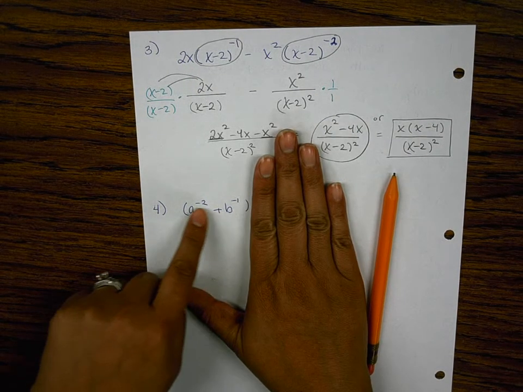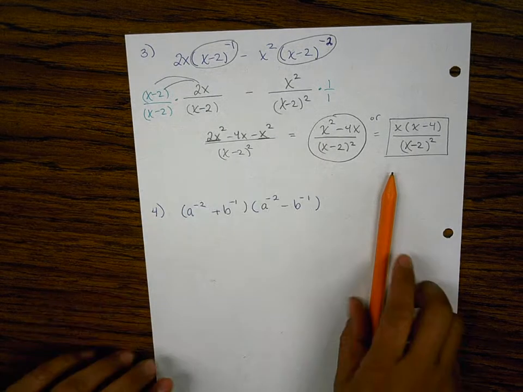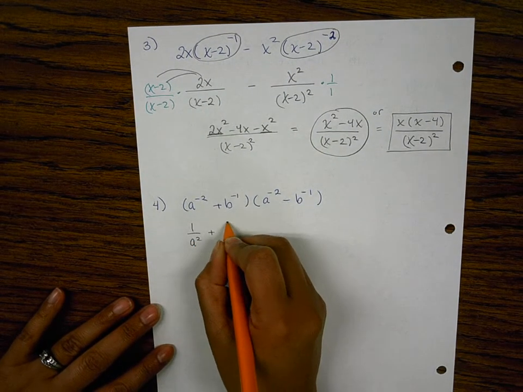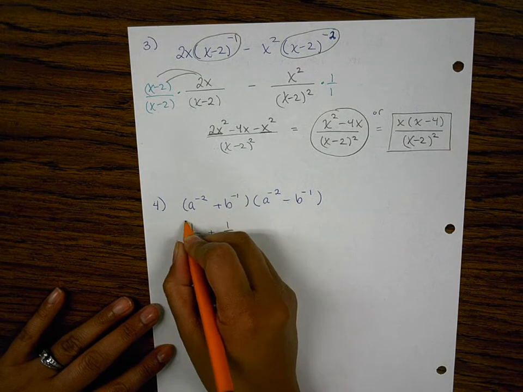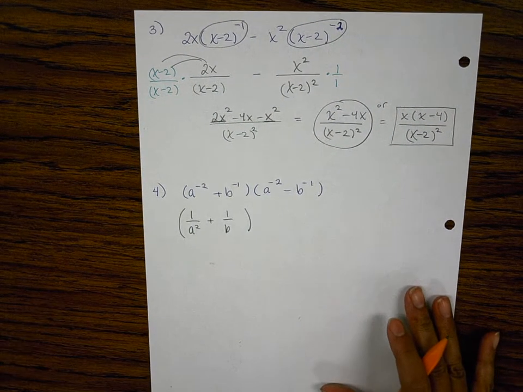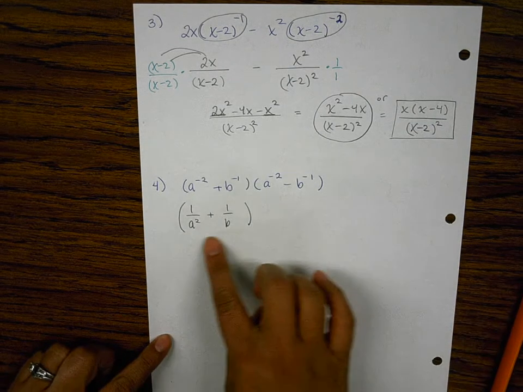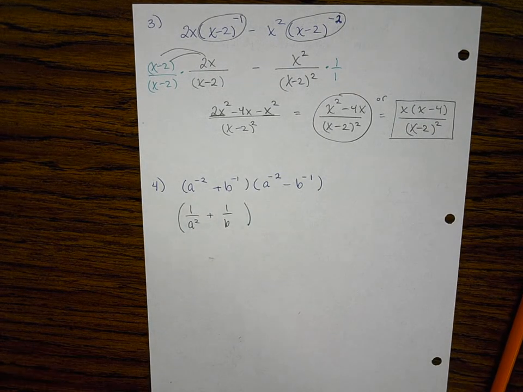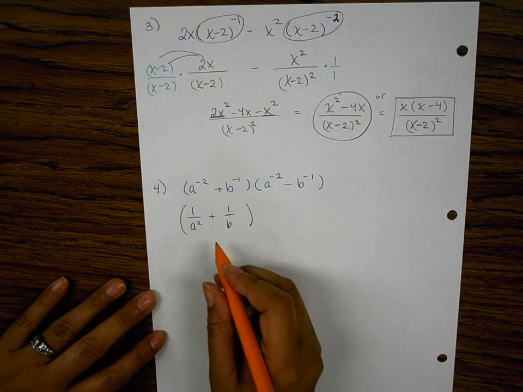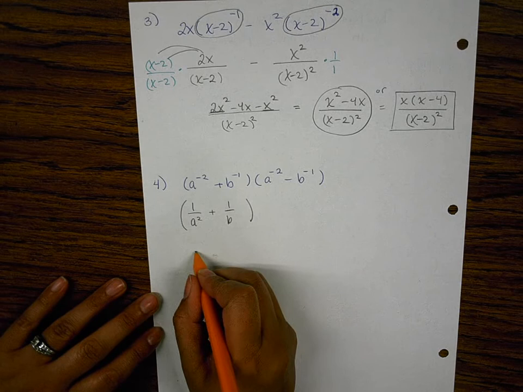Okay, so working here, one big fraction or two separate fractions? Correct, two separate fractions. 1 over a squared plus 1 over b to the first in parentheses. I'm not going to touch that part yet. In order to simplify this, I need to add them. In order to add them, I need a common denominator.